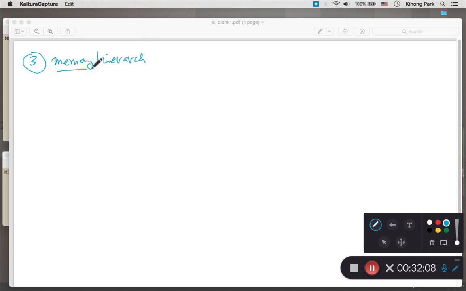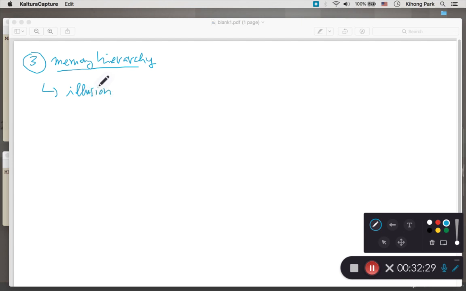So what is this? Memory hierarchy. This feature is another super important feature of modern computing systems. It's a key essential feature that too tries to provide an illusion.